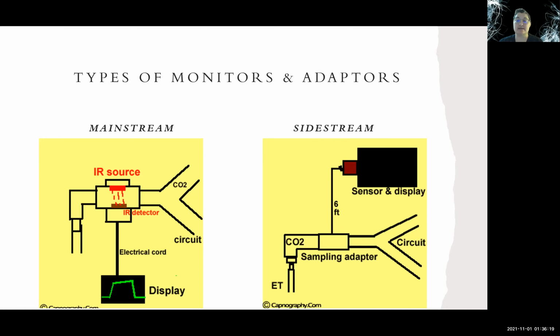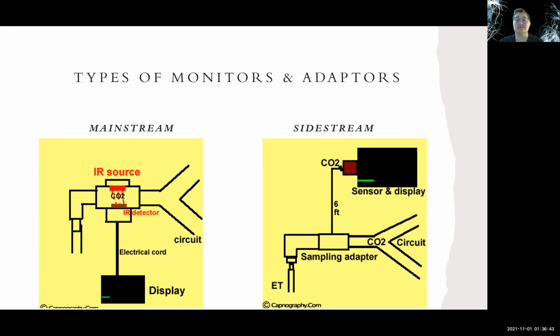However, mainstream does have some disadvantages. The newer sensors are very lightweight, which minimizes traction on the endotracheal tube. However, the older versions are pretty heavy and sometimes can even cause the endotracheal tube to become dislodged.